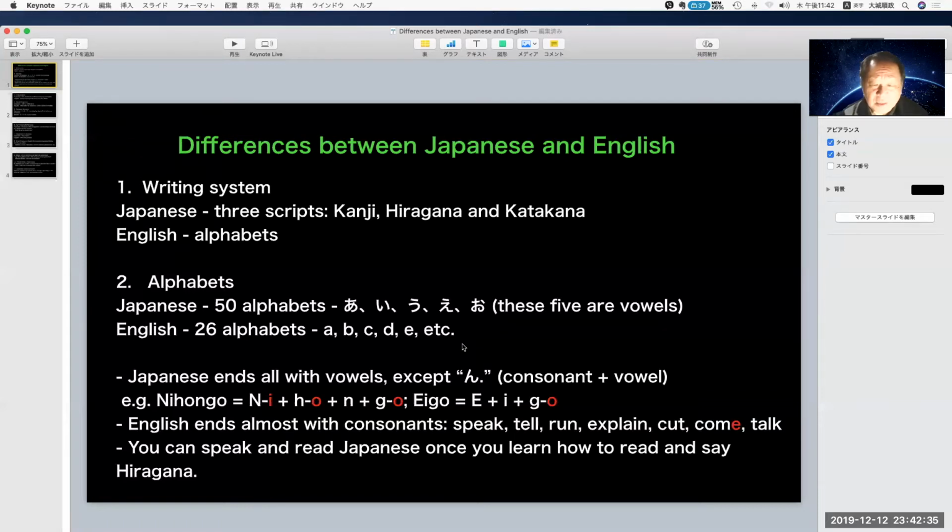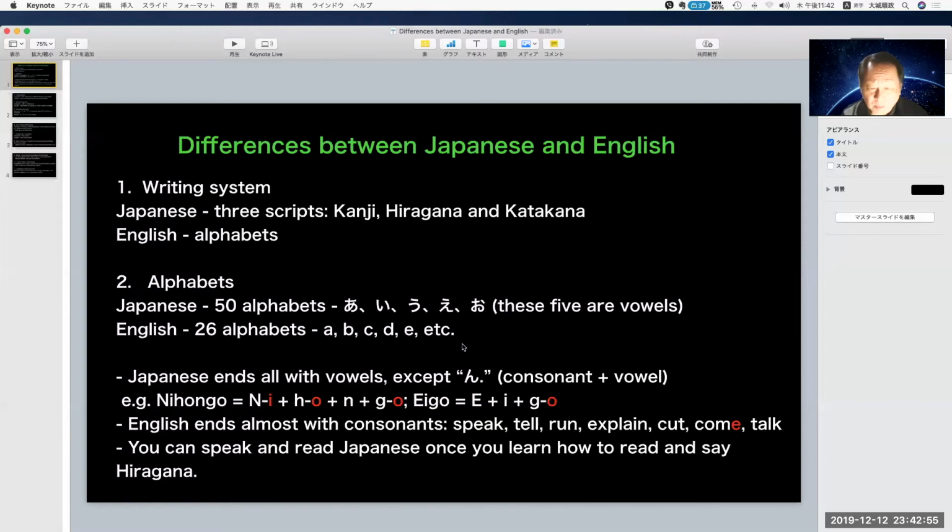Now, Japanese ends all with vowels, except the last one, the N. In other words, Japanese consists of consonants followed by vowels.